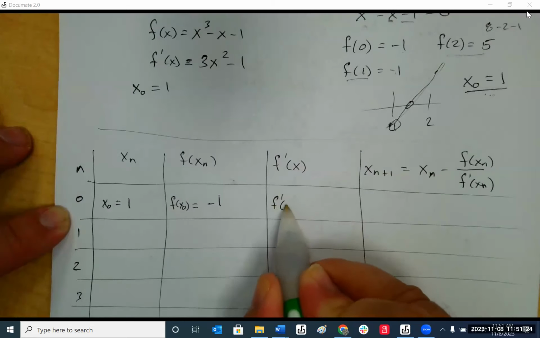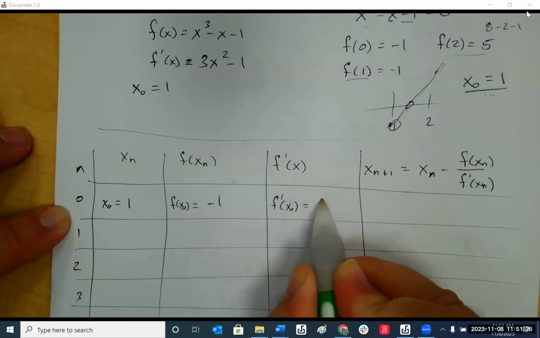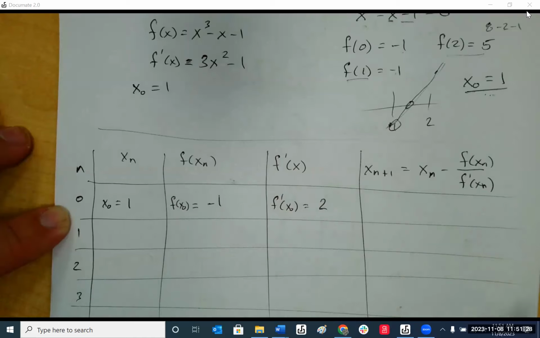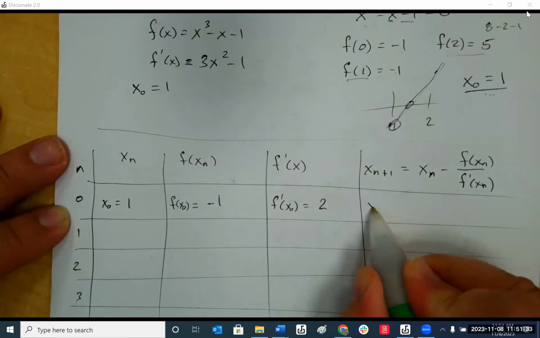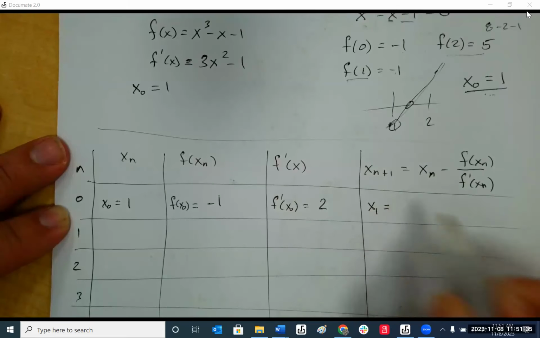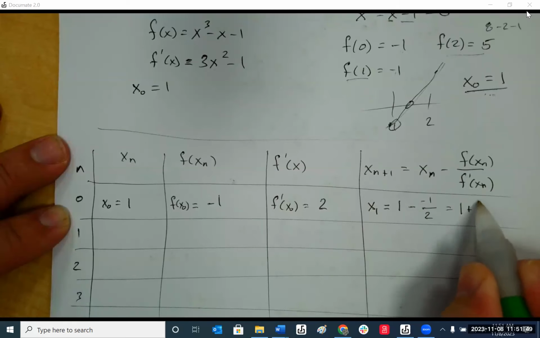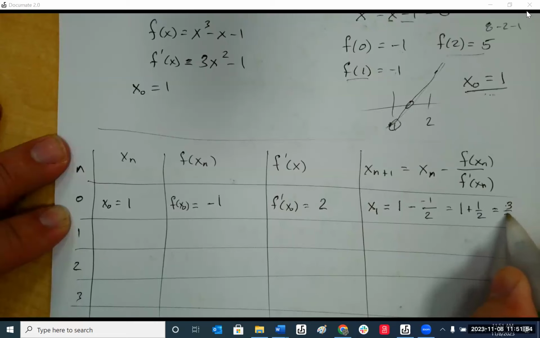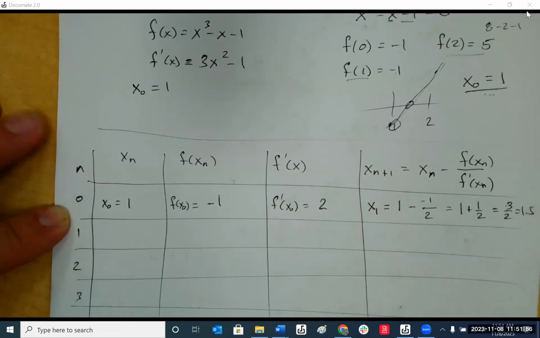So f prime at x sub 0 is 2. So x sub 1 will be equal to x sub 0, which is 1, minus negative 1 over 2. 1 plus 1/2 is 3 over 2, or 1.5.